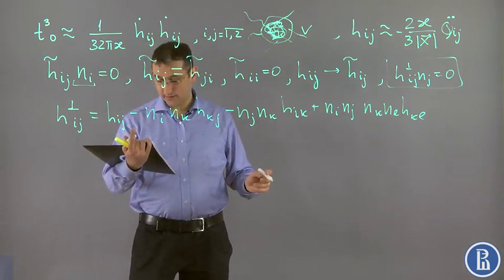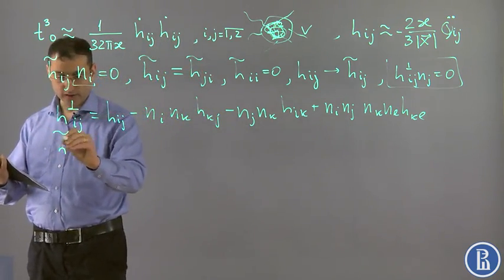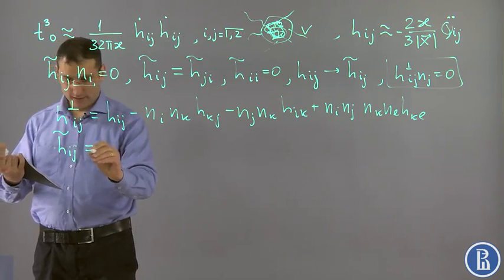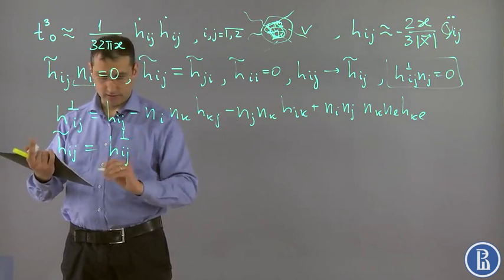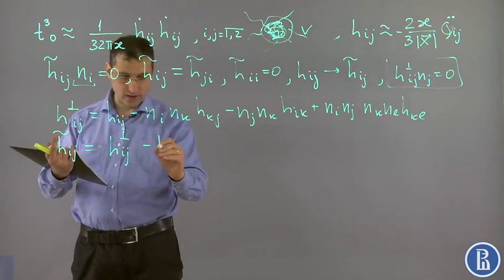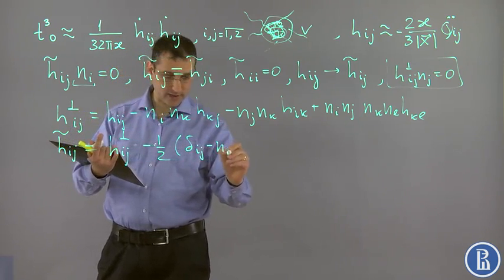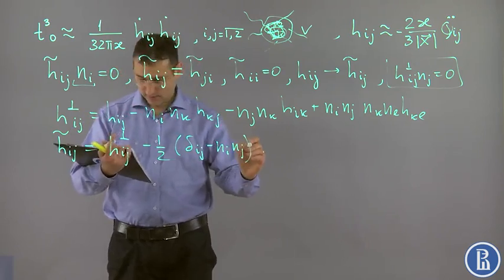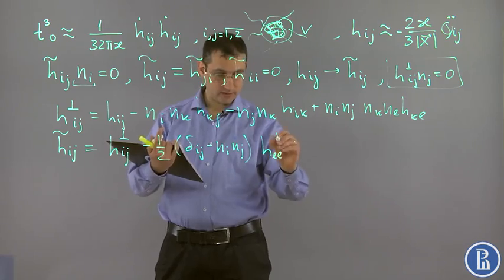Then the transverse traceless part of it, H twiddle_ij, is H_ij perpendicular minus 1/2 (delta_ij minus n_i n_j) times H_ll perpendicular.